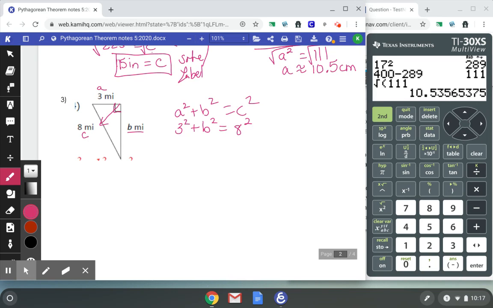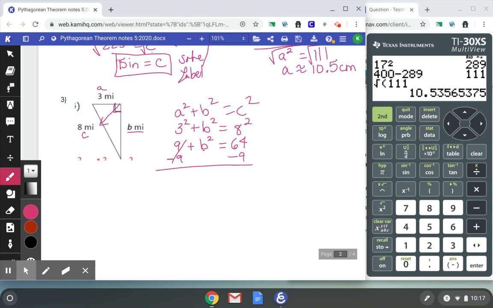I'm going to simplify what I know. So 3 squared is 9, plus B squared equals 8 squared, which is 64. Now this is just like the last one. My variable's over here, and that's what I'm trying to get alone. This is a positive 9, so to get rid of a positive 9, I'm going to subtract 9 from both sides.